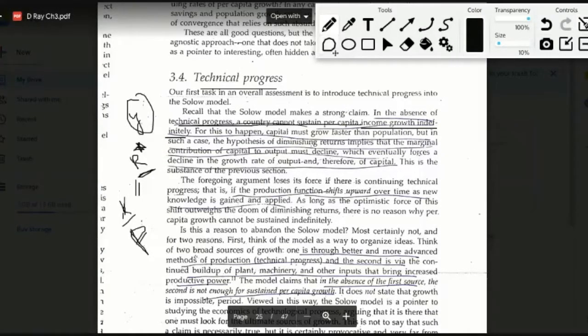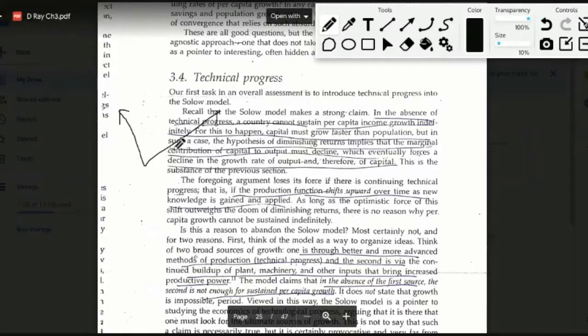What really happens when technical progress is introduced? Graphically, what's happening is an upward shift in the production function. Suppose this is your production function small y, and now imagine that this production function rises in the upward direction indefinitely, because of some factor leading to this upward shift.